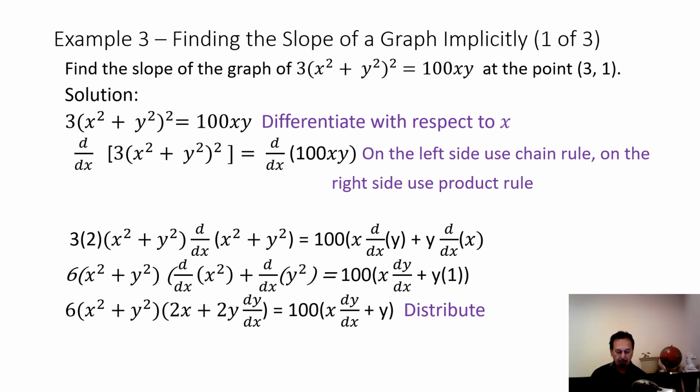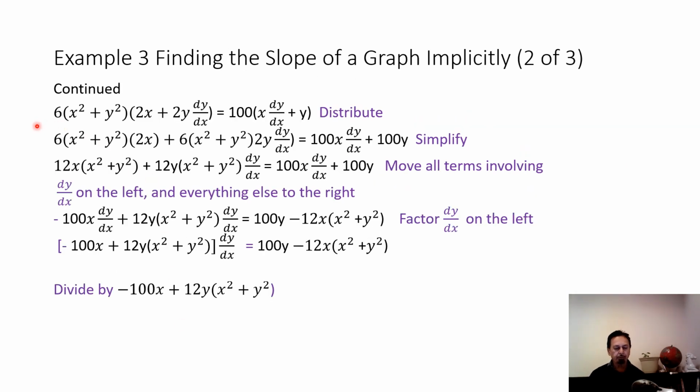Okay. Now just copy down again 6 times x squared plus y squared. Write down the derivative of x squared, which is 2x, and the derivative of y squared is 2y dy over dx, equals 100 times x dy over dx plus y. So we distribute 6 times x squared plus y squared into 2x plus 2y dy over dx, and 100 into x dy over dx plus y.